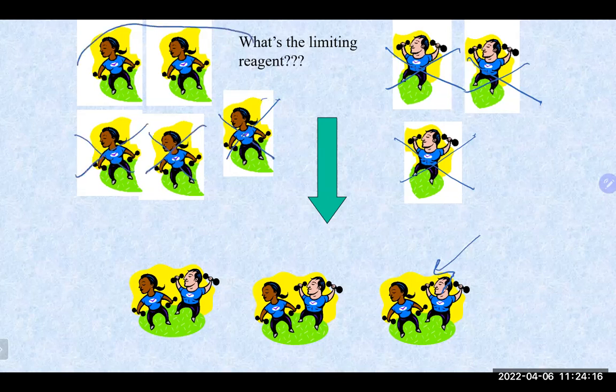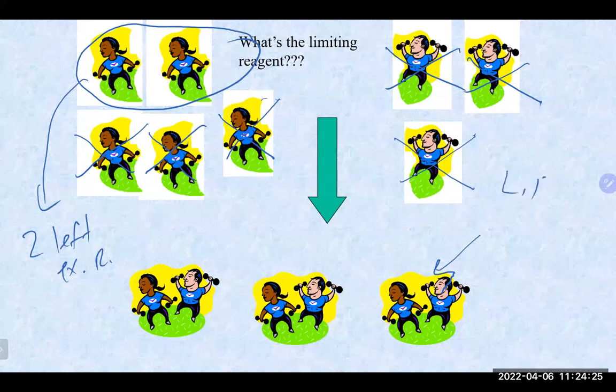We could also figure out that at the end, we have two left over here of our excess reagent. In this particular case, our guys over here would be our limiting reagent. These are common things that we can figure out as we do these types of problems: how much product we should produce, and how much of the excess reagent is left over.